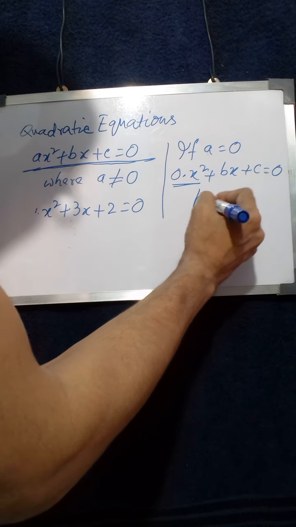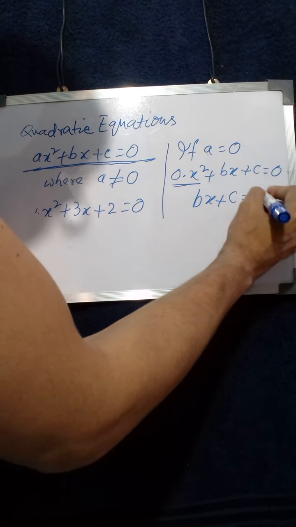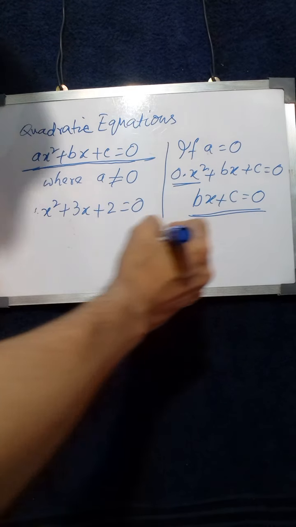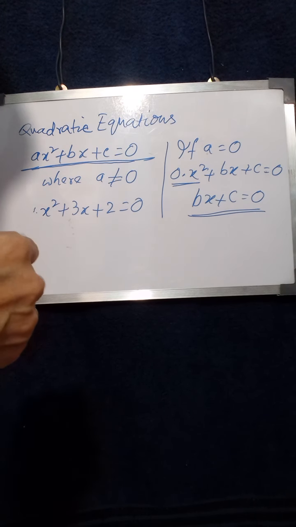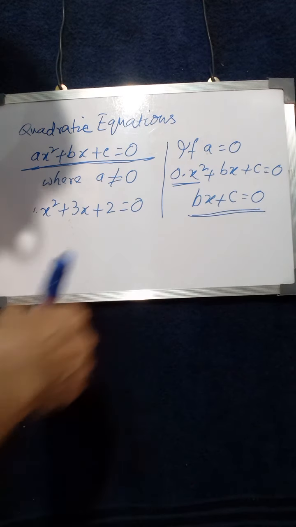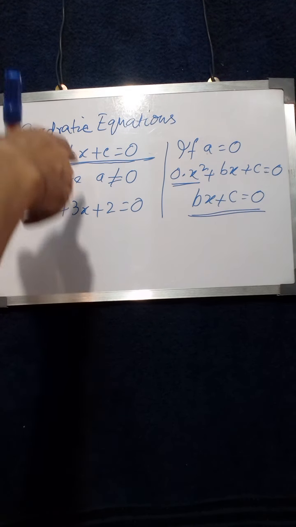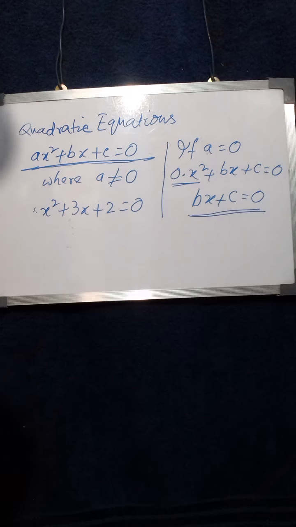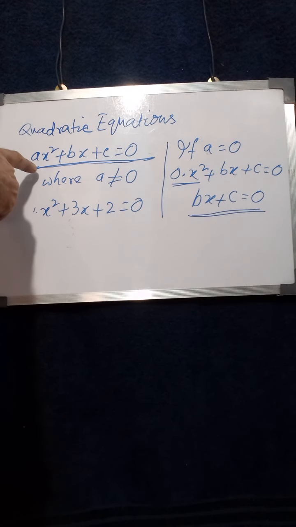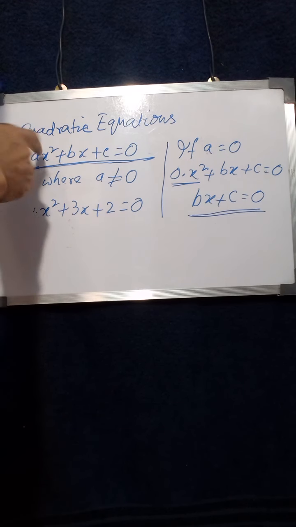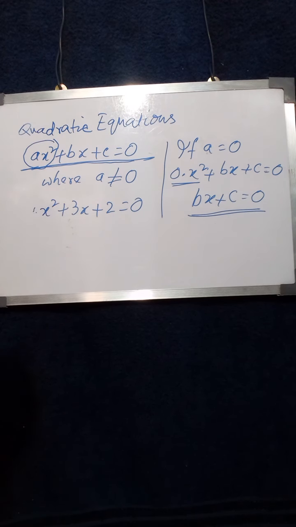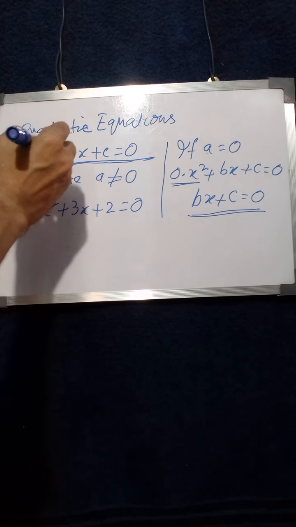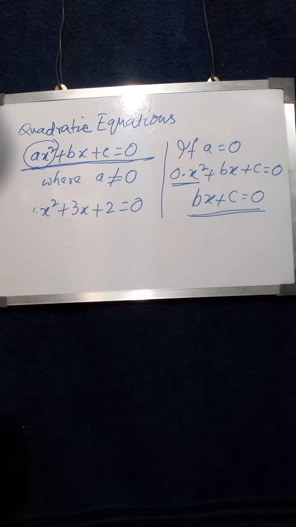You will have bx plus c is equal to 0, and this is the most familiar form you have learnt in previous classes, known as linear equation. But here we are going to learn quadratic equation. So quadratic equation must contain ax square. This term must be present in the equation.